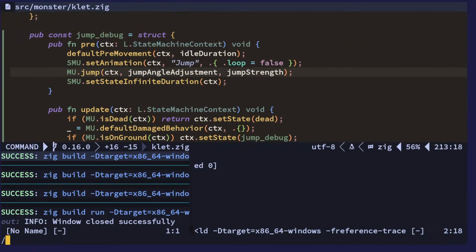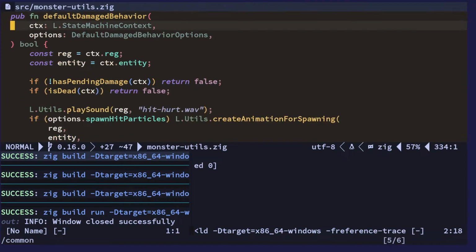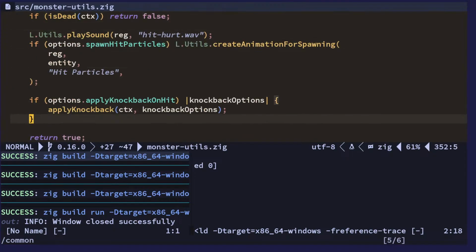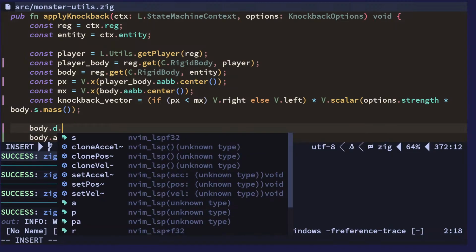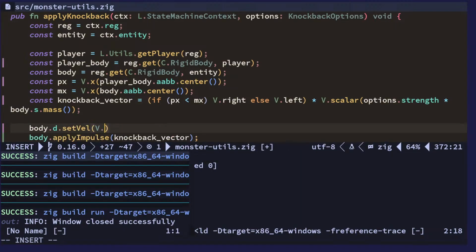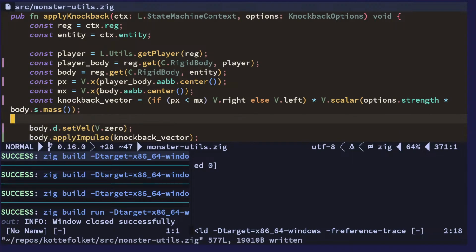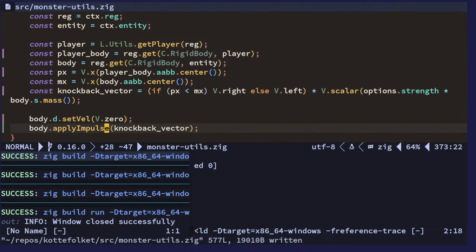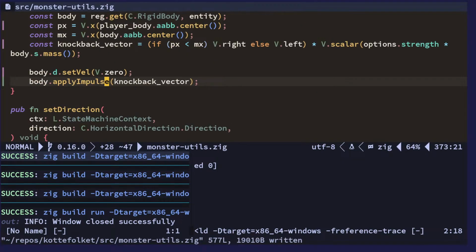So common. I mean, essentially, we don't really need to do apply impulse. What we could do is instead just say set.